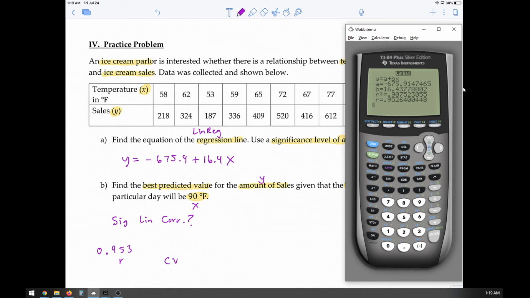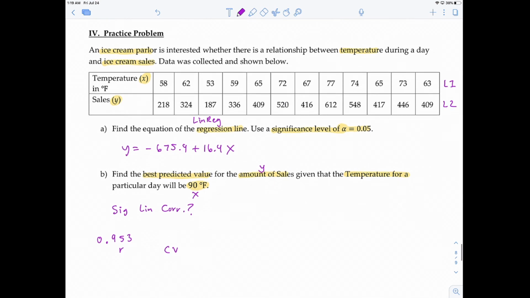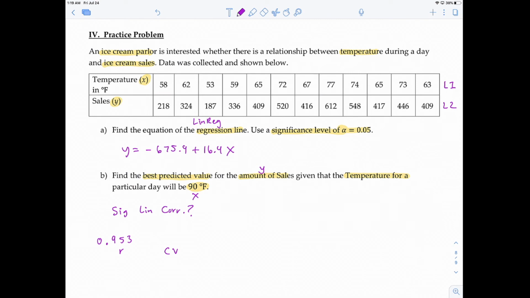If you watched the last video, we need to know two things. We need to know what N is and what alpha is. Alpha is right here, 0.05, and n is 12. 1, 2, 3, 4, 5, 6, 7, 8, 9, 10, 11, 12. Again, n in this chapter is the number of pairs of data. So there's 12 pairs.